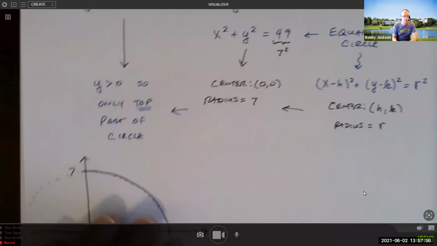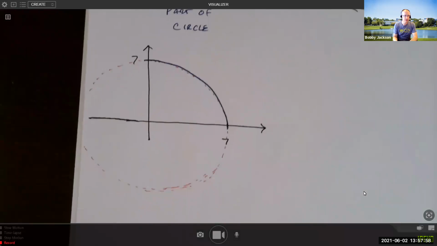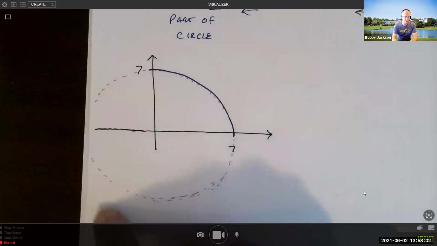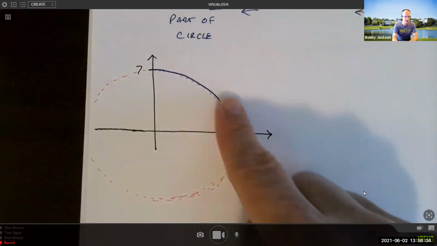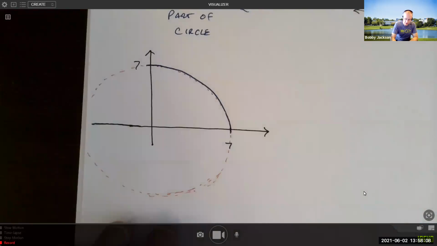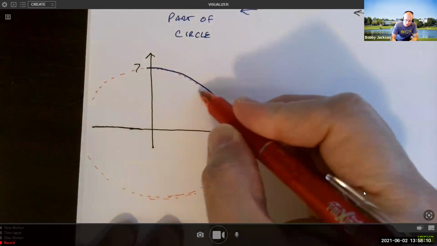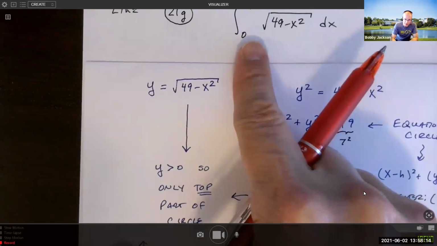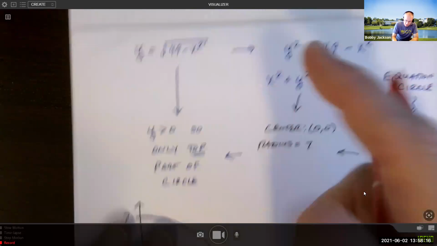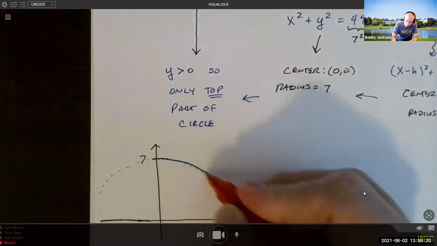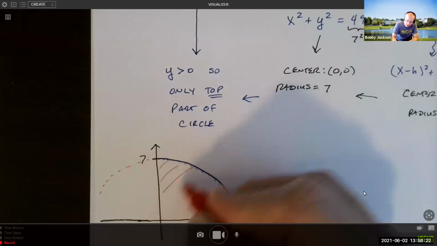When I graph the circle, I've outlined it in red. Here's the big circle of radius 7, centered at the origin, so the distance from the center to any point on the circle is 7 units. But remember, we're evaluating the integral from 0 to 7. Here's x equals 0, here's x equals 7, so just this portion is what we're looking at.